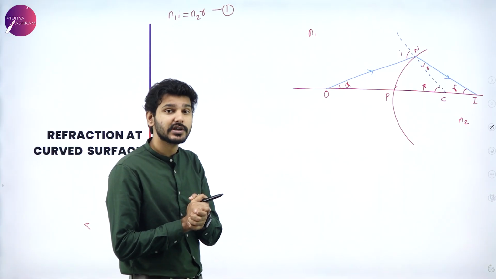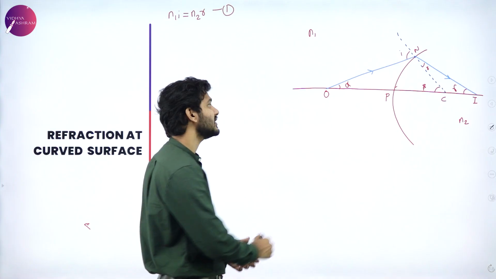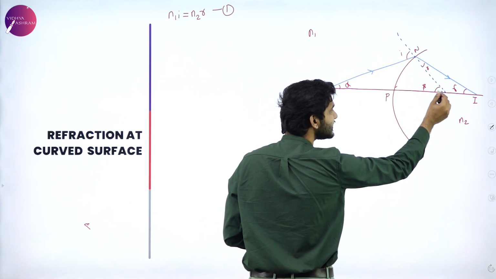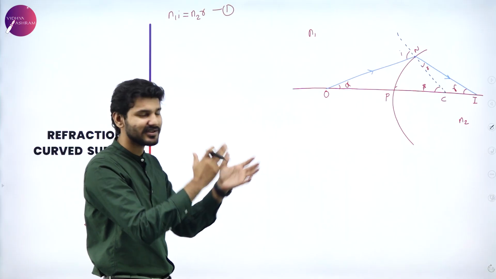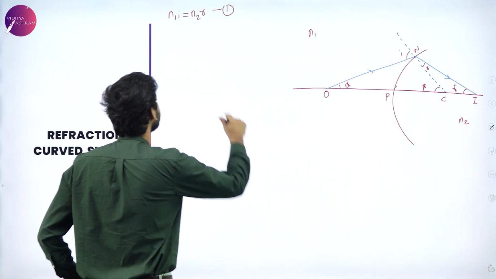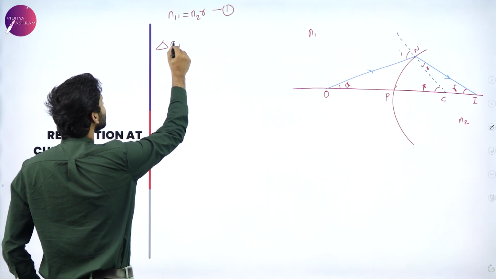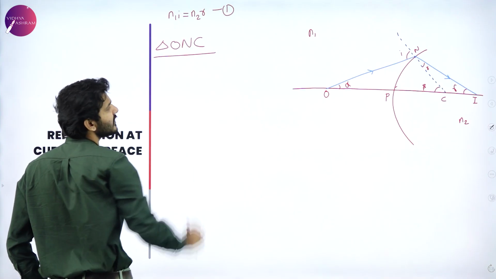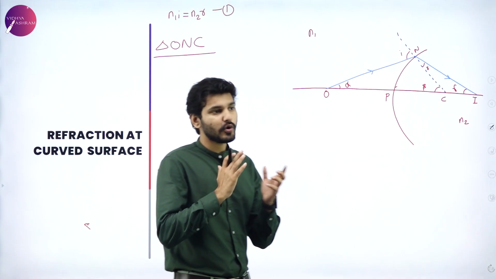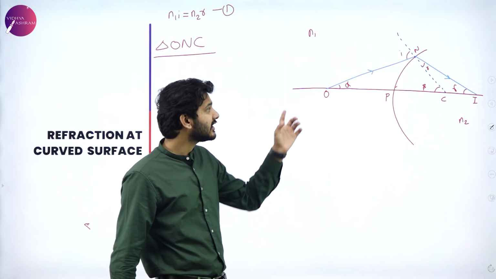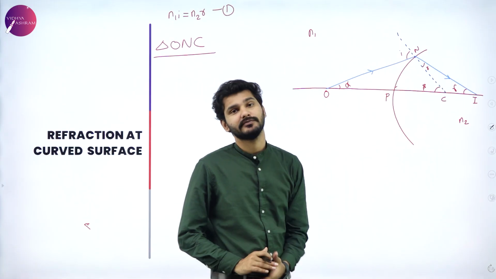For that, we consider the first triangle, ONC, the biggest triangle there, and from triangle ONC we can have a relation for I. So how do we define I in terms of this triangle?